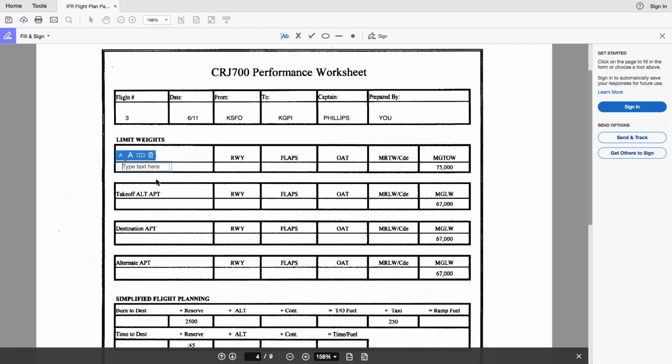Organization, KSFO. Runway that we chose was 28 left. What flaps do we use for takeoff? Which one do we use? Oh, you said 8 degrees? I thought you said something else after. I'm sorry. Outside air temperature that we planned out was 14 degrees.